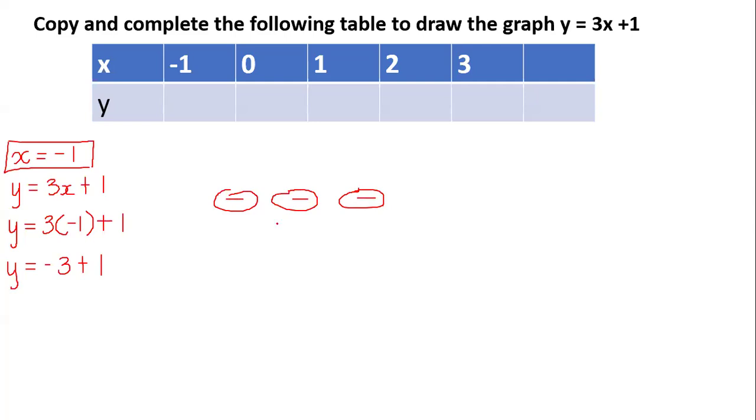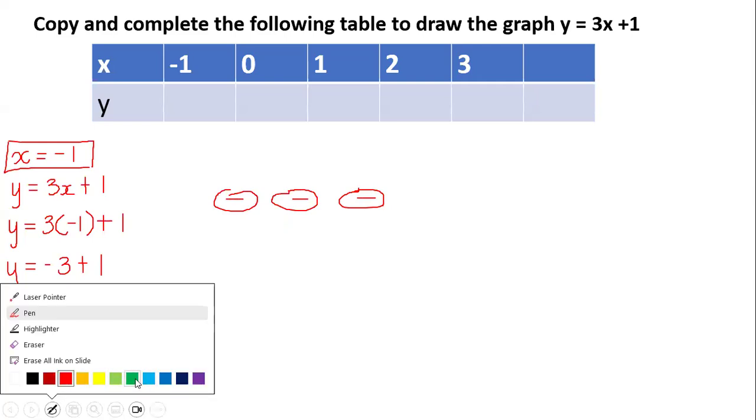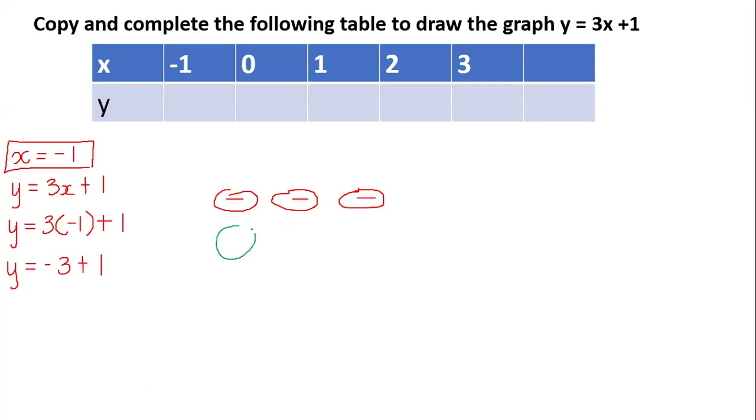We're going to cancel out the positive and the negative, and what that's going to leave us with is just negative 2. So the answer is y is equal to negative 2. So we're going to put negative 2 here.